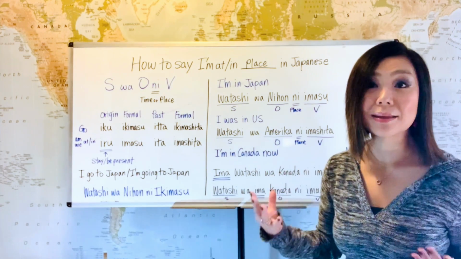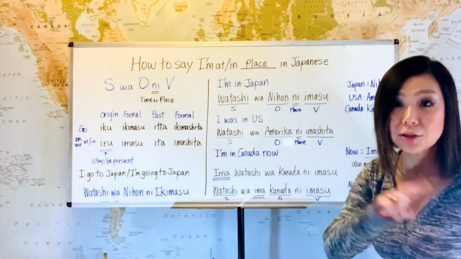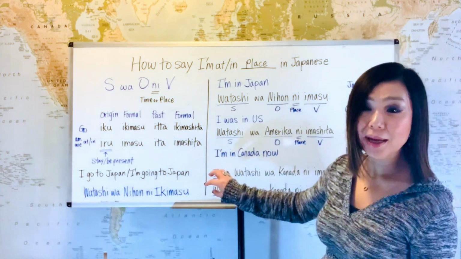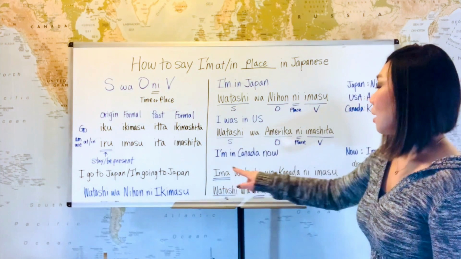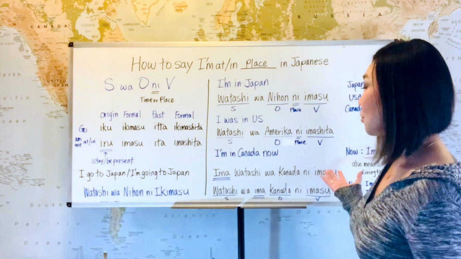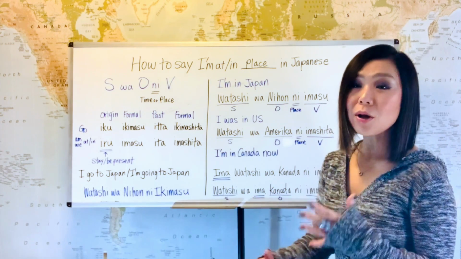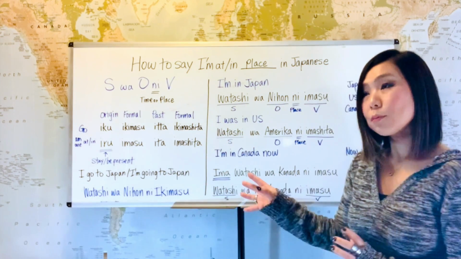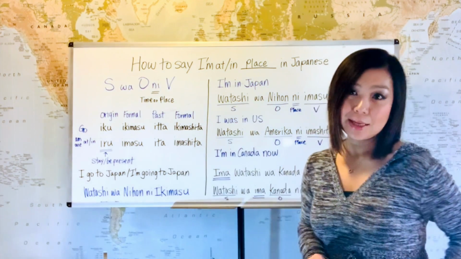Now we're going to add "now." There are two spots you can add it. The first spot is at the very beginning. 今、私はカナダにいます。That means I'm in Canada now, but this is more like emphasizing 今, which is now. So it's almost like "now I'm in Canada."